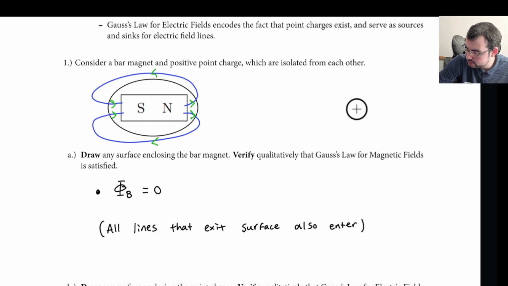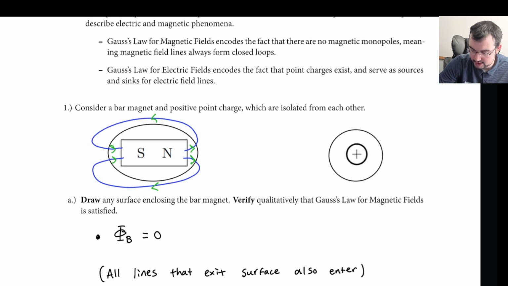But then if we draw an enclosing surface for my point charge, we don't get the same thing at all, because a point charge, well, that's a source. That's a source of field lines. So we get something that looks like this.